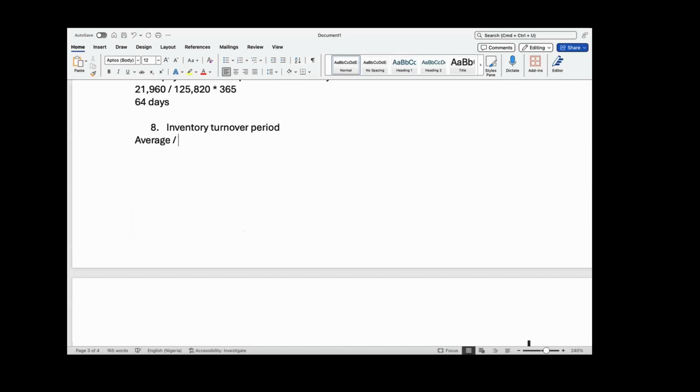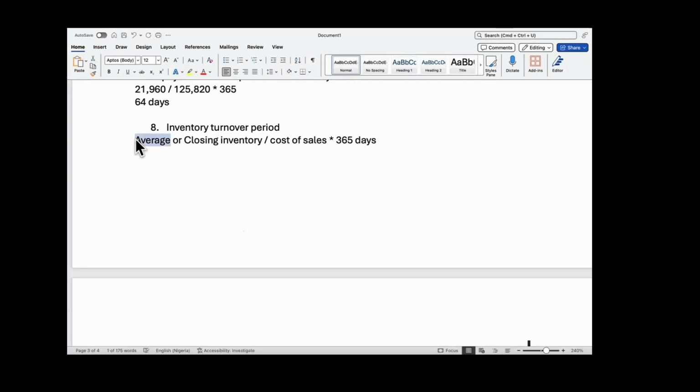Average or closing inventory divided by cost of sales, multiplied by 365 days. In the exam, I would always advise you to go for closing inventory. Don't do average. It might run you into problems.